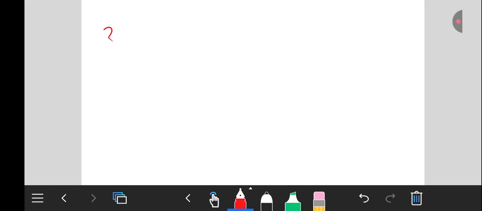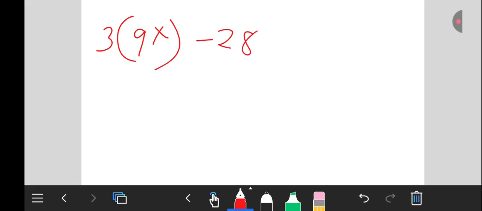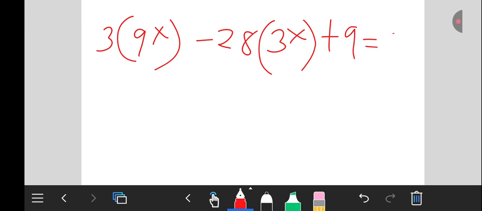And so it is 3 open brackets 9 raised to the power x close brackets minus 28 open brackets 3 raised to the power x close brackets plus 9 is equal to 0.